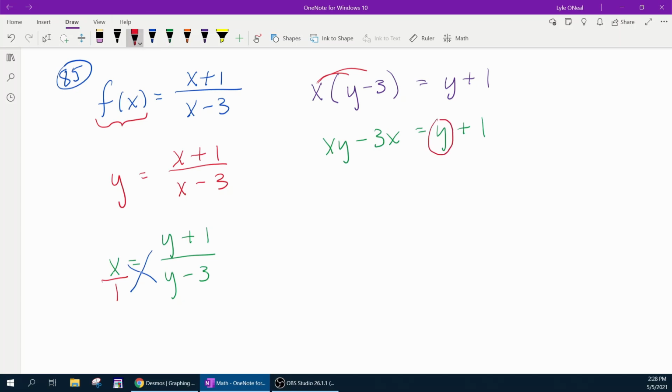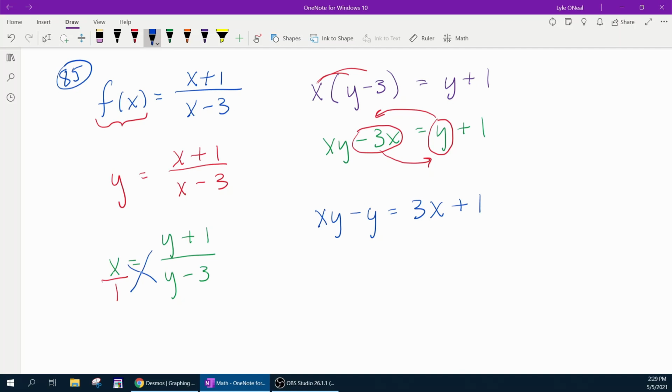So we're going to take this y and bring it this way. Since the minus 3x does not have a y, it wants to go to the other side. And then we're going to have xy, that's going to become minus y. The negative 3x will become positive when I bring it over, plus 1.